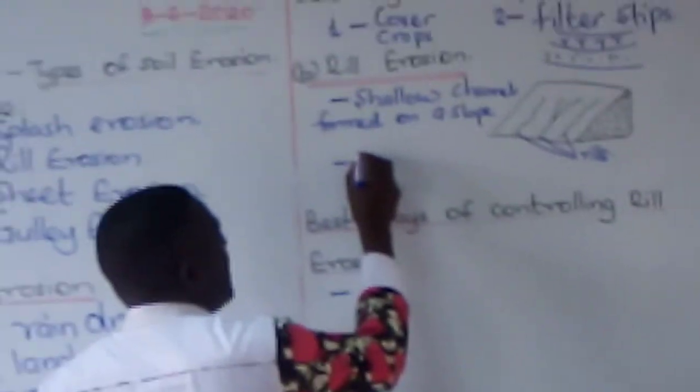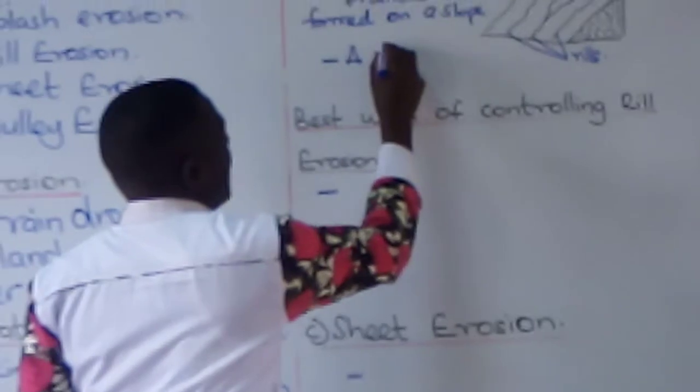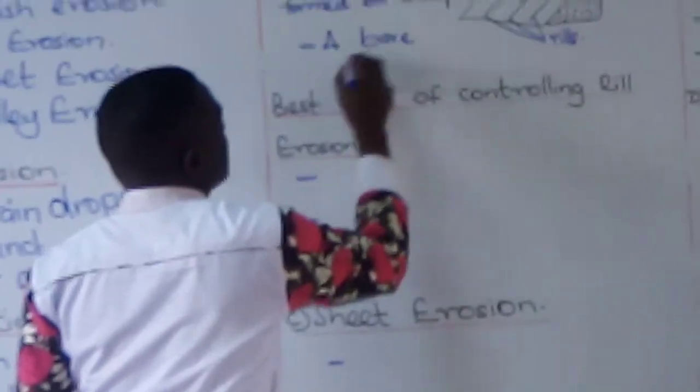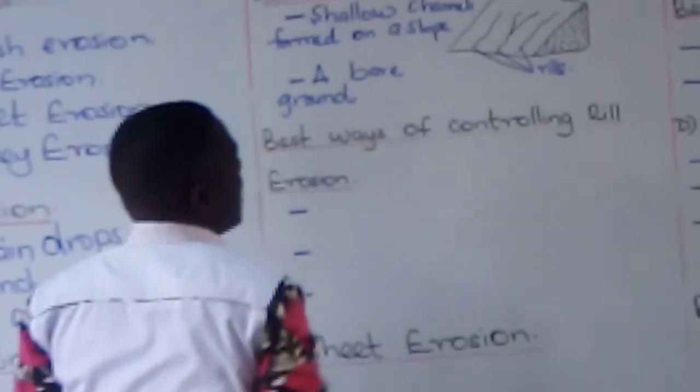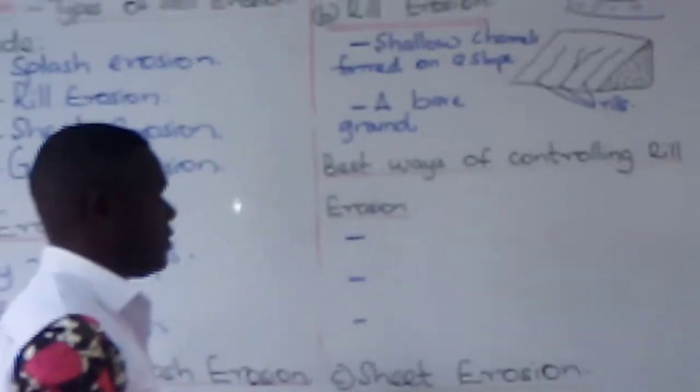It is through this channel that the water flows down the slope. Again, this is on bare ground, on bare ground without vegetational cover.